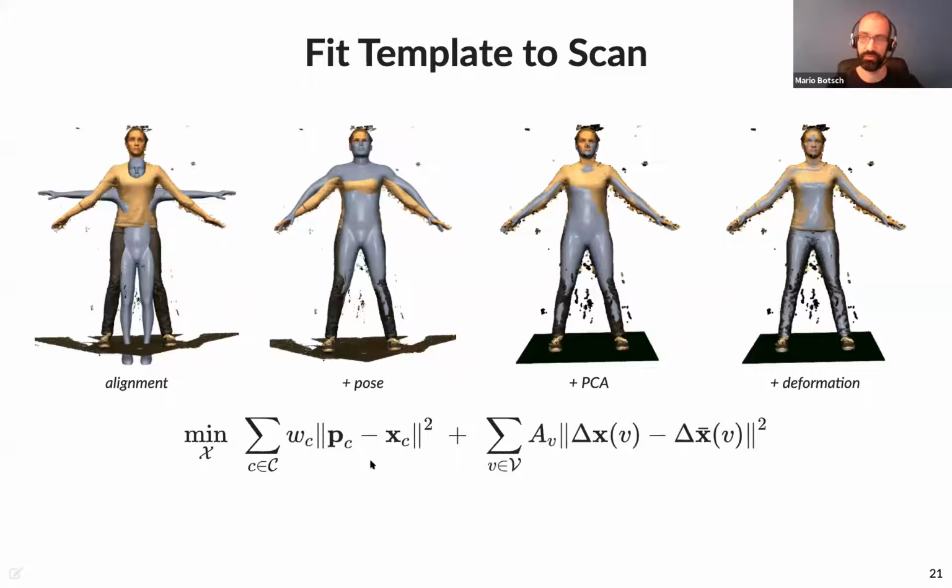And now, because every vertex is allowed to move, we need a regularization that prevents the model from doing crazy stuff, like fitting too close to the noise or doing some other deformation that is not meaningful. So we use a discrete bending term here, and bending is the change of mean curvature.